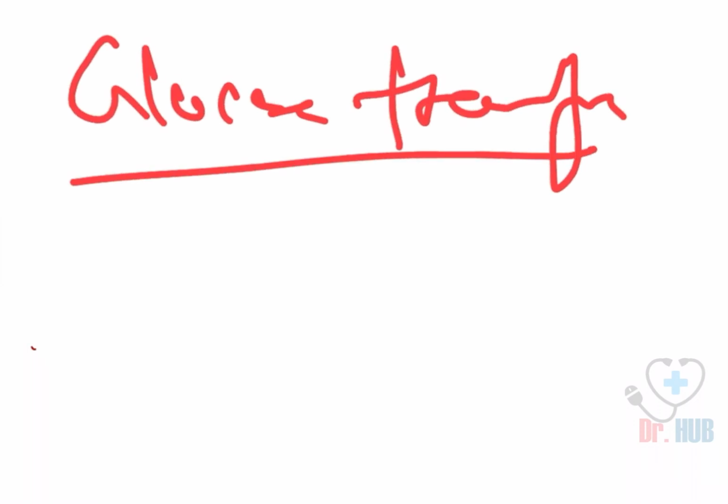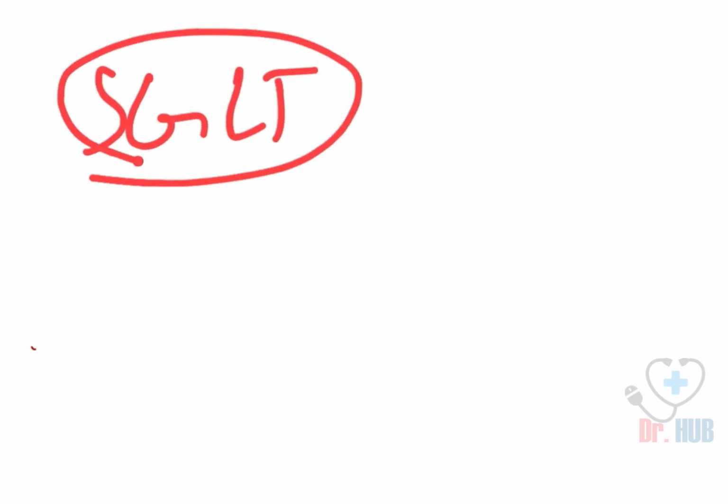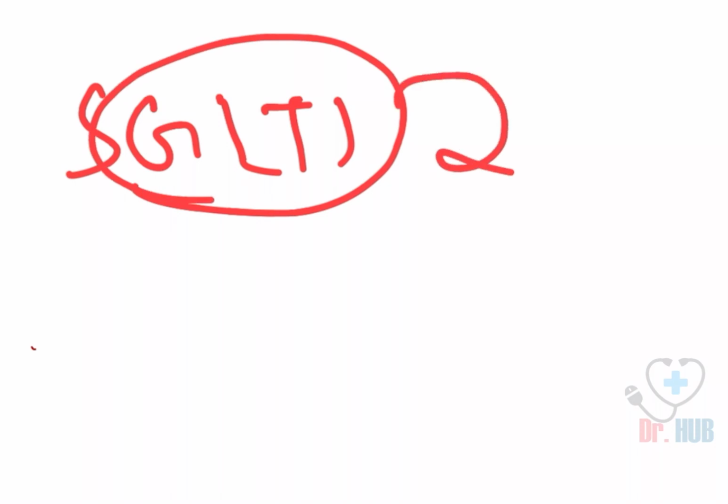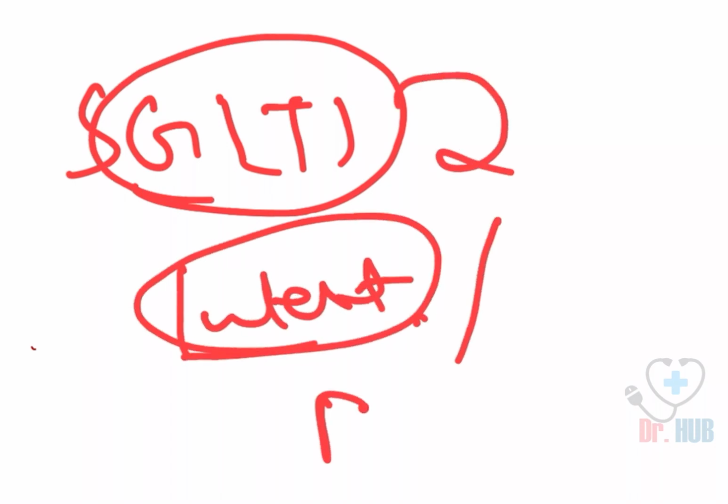We are looking at the glucose transporters. Here there is the SGLT group as well as the GLUT. We are going to look at each one of them. In case of SGLT1, it is found in the intestine as well as the proximal tubule.